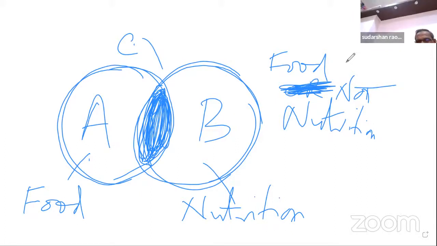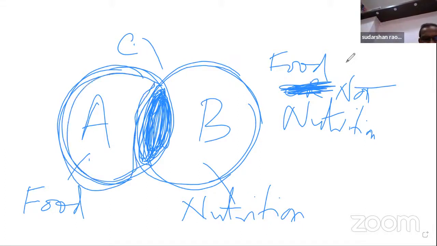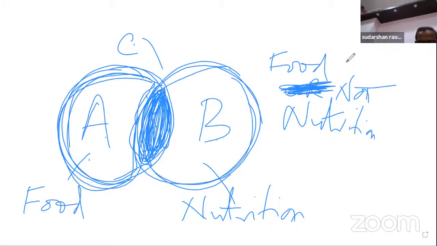That means I want only this much. The remaining is not required. In this part, both food and nutrition are there. In this part, nutrition is there. I want only food. That means only this I should get. This much I should not get. This part is inclusive of both food and nutrition, and B is only nutrition. I don't want nutrition, so therefore I won't get it.